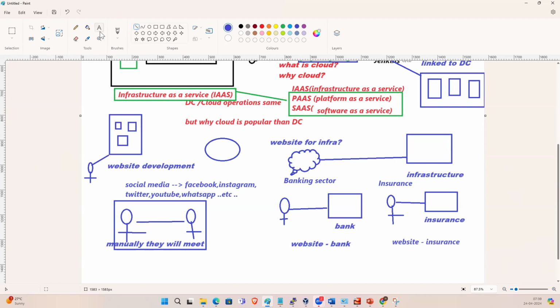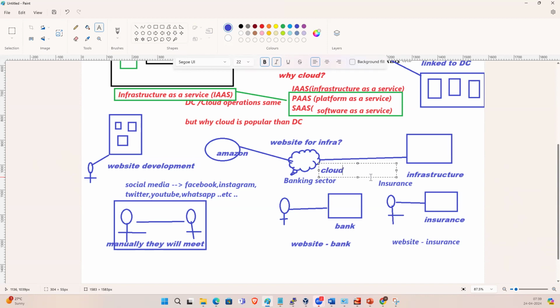Yes, Amazon created it. The Amazon company created a website for the infrastructure. They call it a cloud, and the name is AWS Cloud Services.